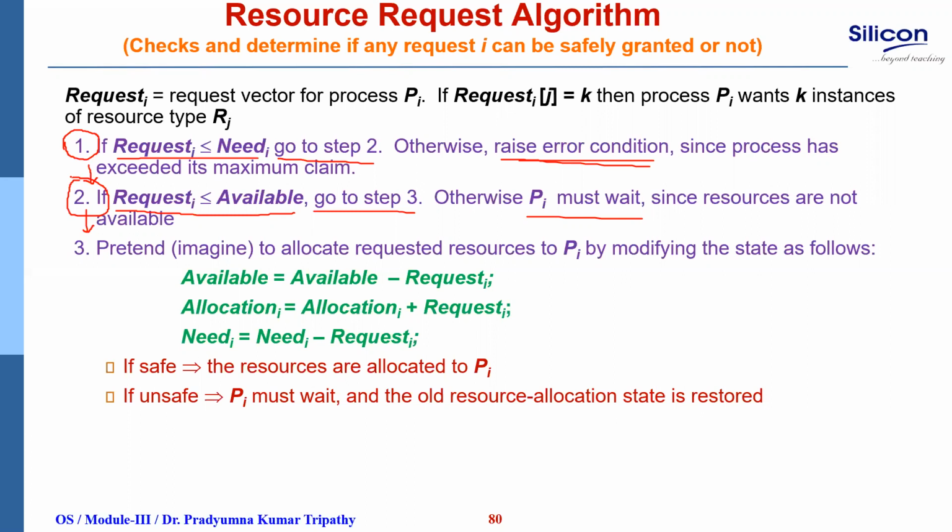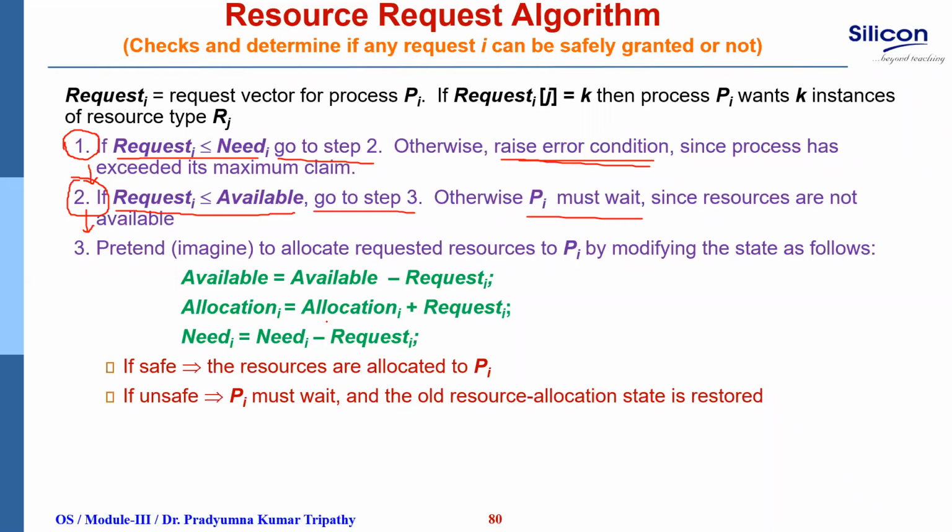We'll not actually allocate it. We'll assume that it is allocated. And what will we do? Available equals available minus request. Whatever it is requesting, we'll subtract it from the available. We are assuming that it is given.